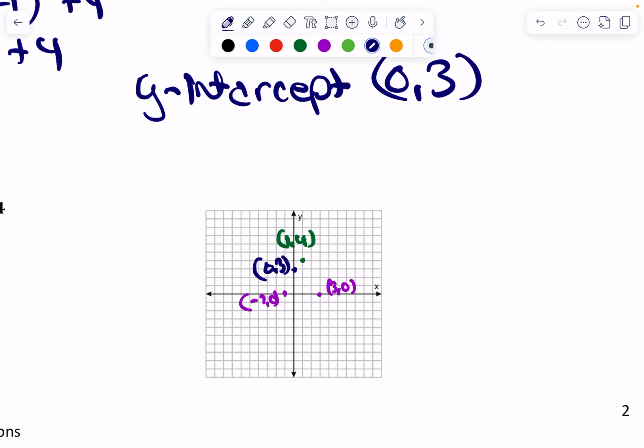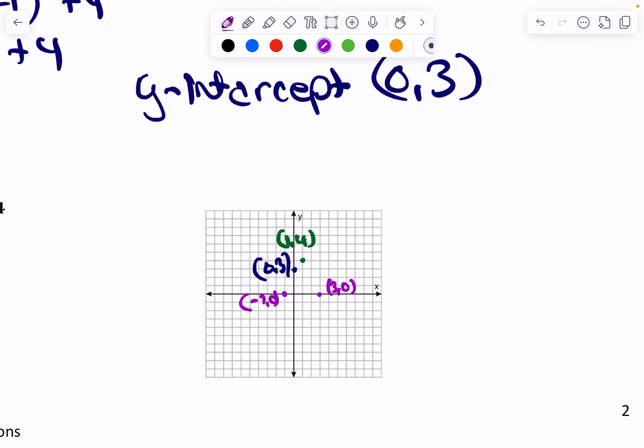And now we know that it opens downward, so we can just go ahead and go through these. And again, you can tell that I don't have a point here, which makes it a little bit harder. Let me make a correction here. Negative 1, 0 is right here.